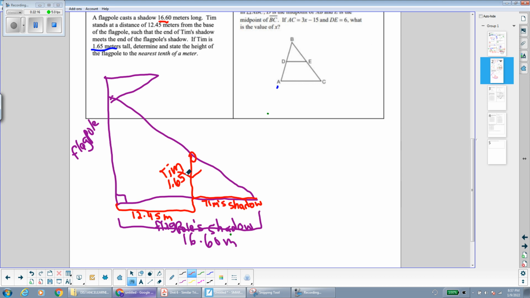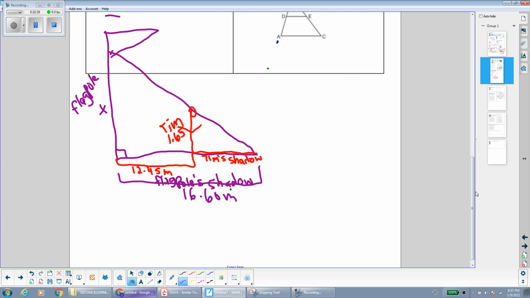And what we are going to do is determine and state the height of the flagpole to the nearest tenth of a meter. So I don't know how tall the flagpole is. That's what we're looking for in this question. So I'm going to label that as X over here. And now we can set up our proportion, and it's going to be a lot more clear to us what goes in what spot.